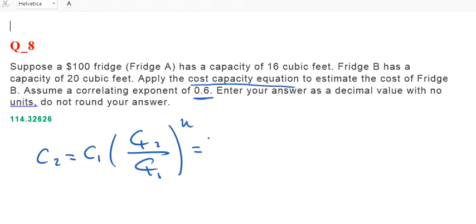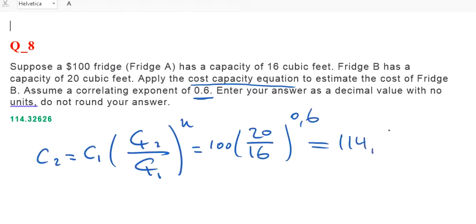That's equal to C1 times (Q2 over Q1) to the power of 0.6, which gives us 114.32.